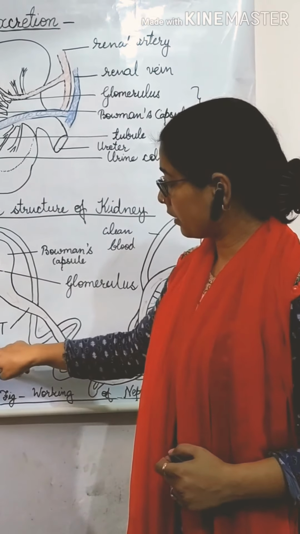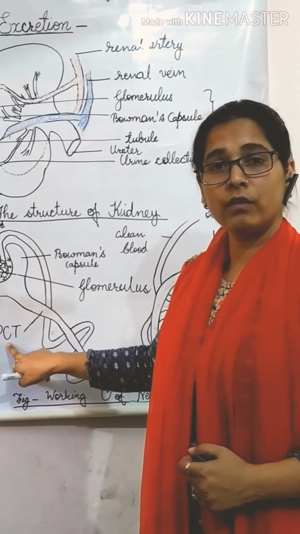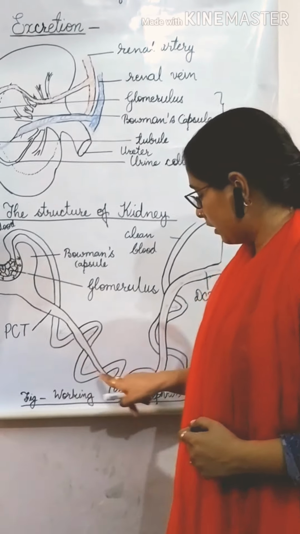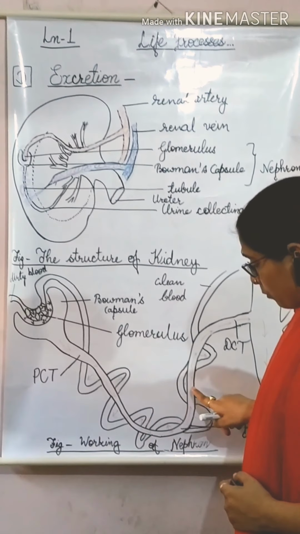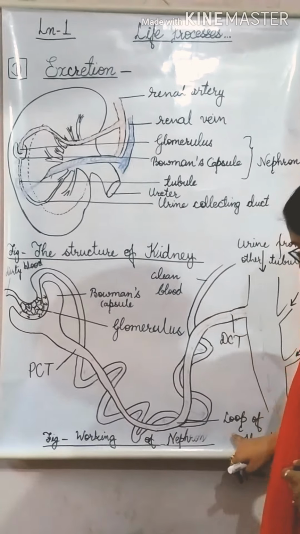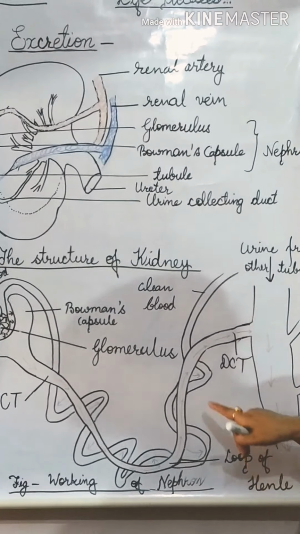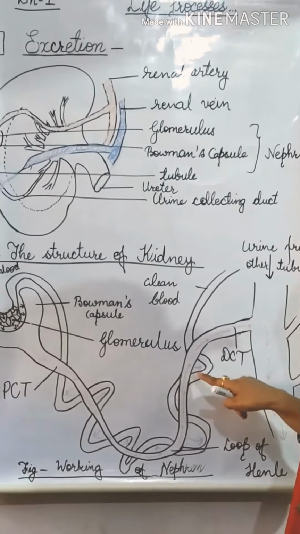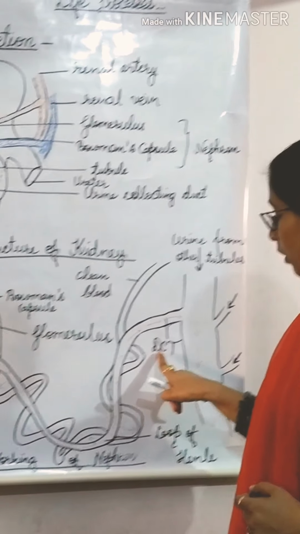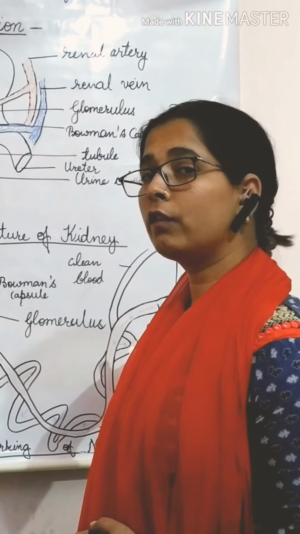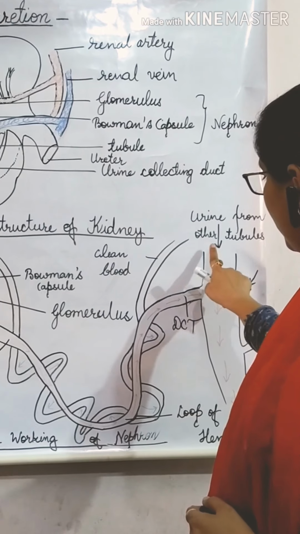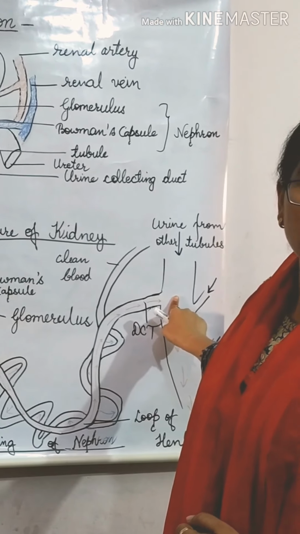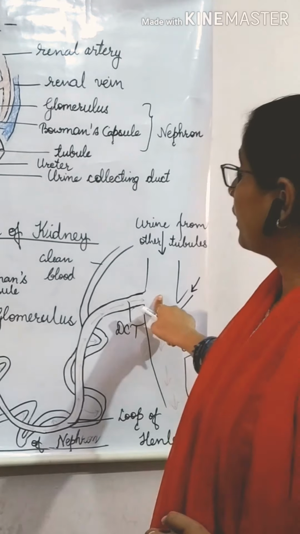The first part is called proximal convoluted tubule, also known as PCT, and this, which forms the loops of this tubule, is called loop of Henle, and the duct part, which is the last part of this tubule, is called DCT, distal convoluted tubule, and then it used to open into the urine collecting tubules, right?